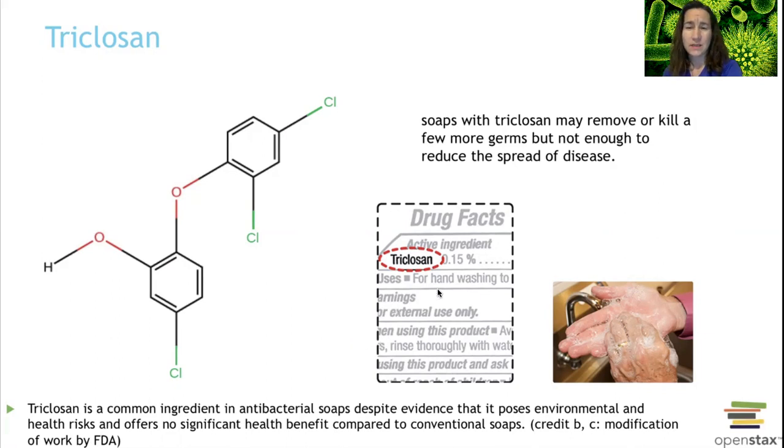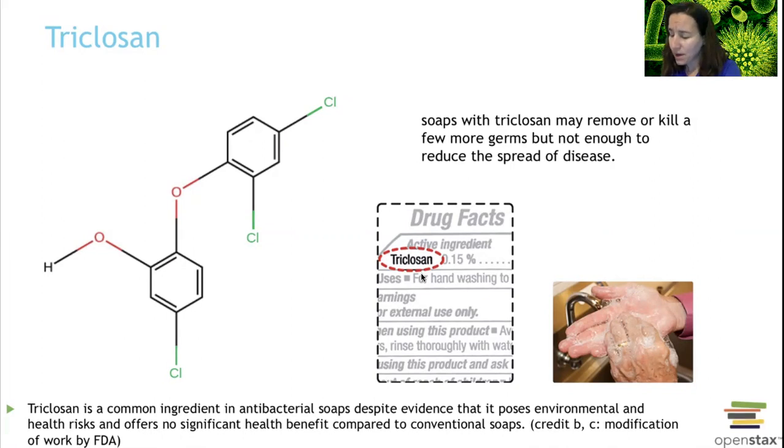And I want to say the textbook mentioned that the FDA gave soap manufacturers until 2016 to prove that the soaps made a significant benefit over traditional soaps. And if they couldn't, they needed to pull the triclosan label off of their products.